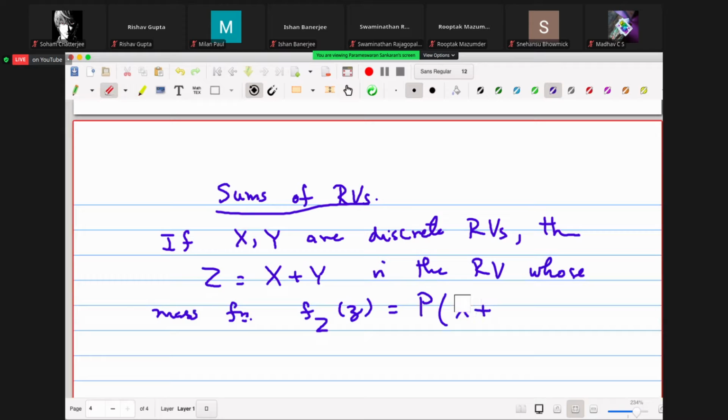First write the definition. So we just have to derive a formula for this.